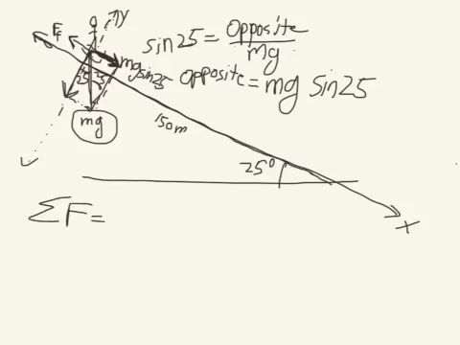The net force on me in the x component, let's call this the net force along the x-axis, would be the force of gravity parallel to the slope minus the force of friction.